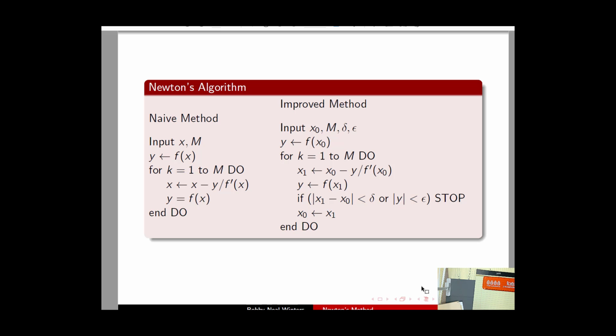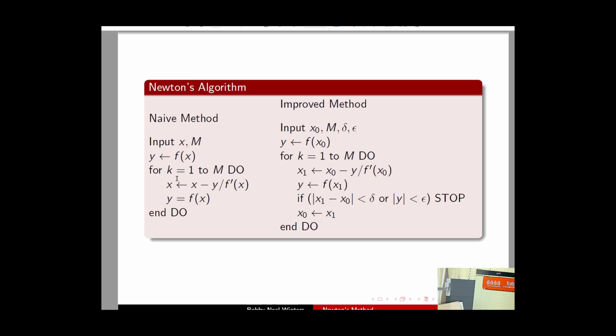When we put this into Newton's algorithm, the first idea is what I'll call the naive method. We input x, our initial guess, and m, the number of times we want to run through the loop. Initially, our y value is f of x, our function evaluated at that.